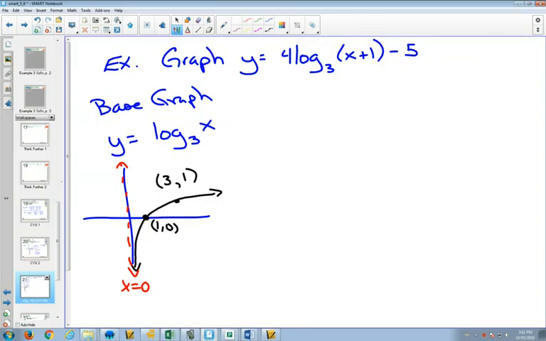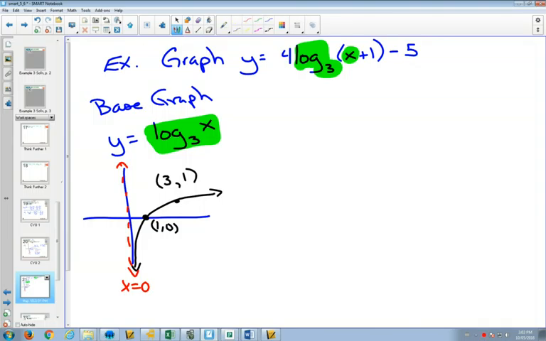Because our parent graph is log base 3 of x, we go to our original graph and I'm going to highlight what's part of my parent graph: this 3 is part of my parent graph, that x is part of my parent graph. Just so that we don't get confused, since there's a number as part of our parent graph, that number 3 doesn't affect any of our transformations, because that's part of our base graph.